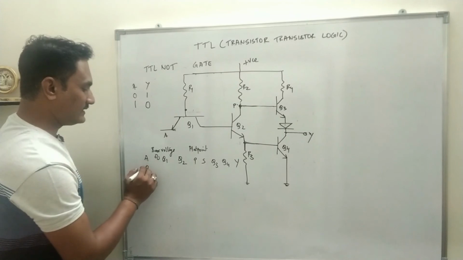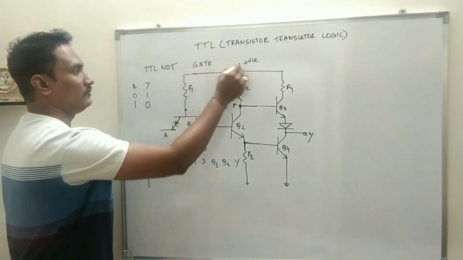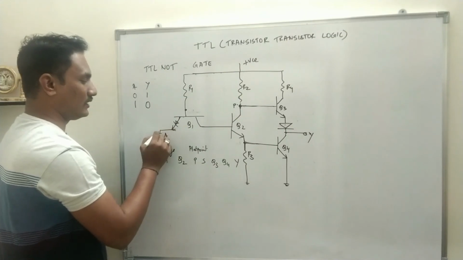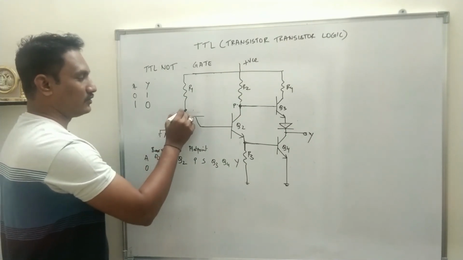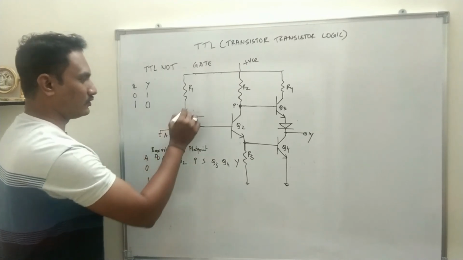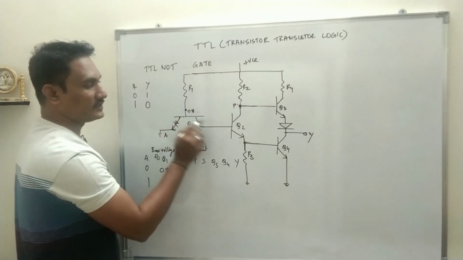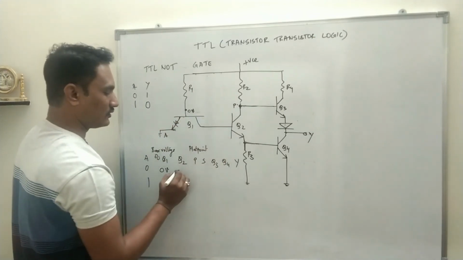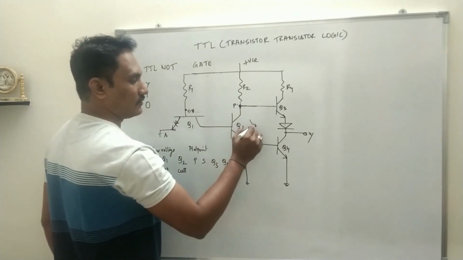So when A is 0, again imagine a diode, P connected to positive, N connected to ground. 0 means ground. So the positive diode will be forward biased, base connected to ground, base voltage will be 0 volt. If 0 volt is given to the base of transistor Q2, transistor Q2 will be in cutoff region. It will act as an open switch.